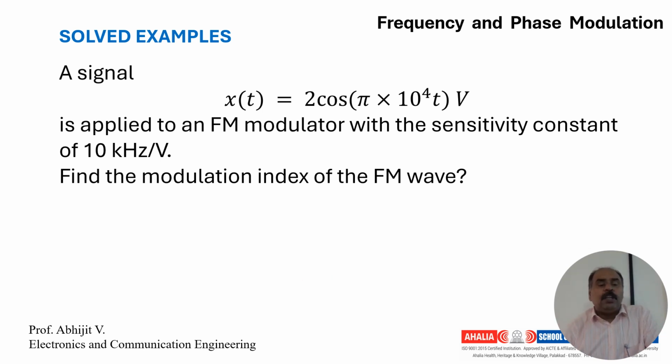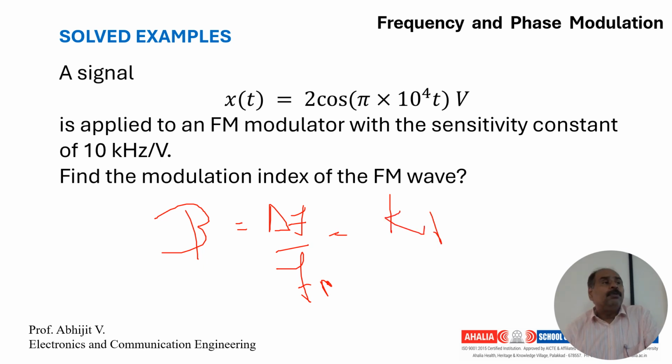Any one of you please tell me what is the definition of modulation index beta? Beta is equal to delta f by fm. Very good. What is delta f? Frequency deviation. What is that?